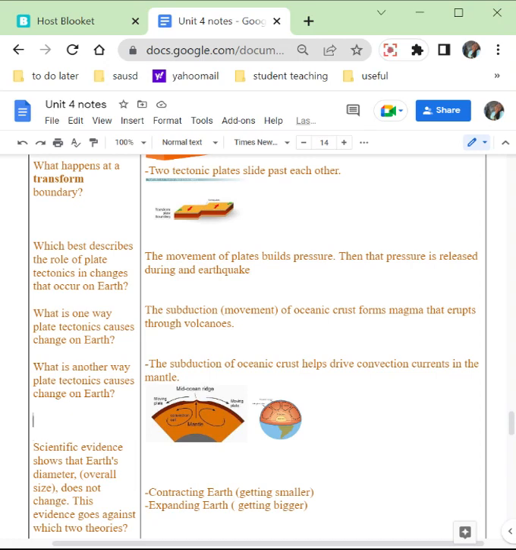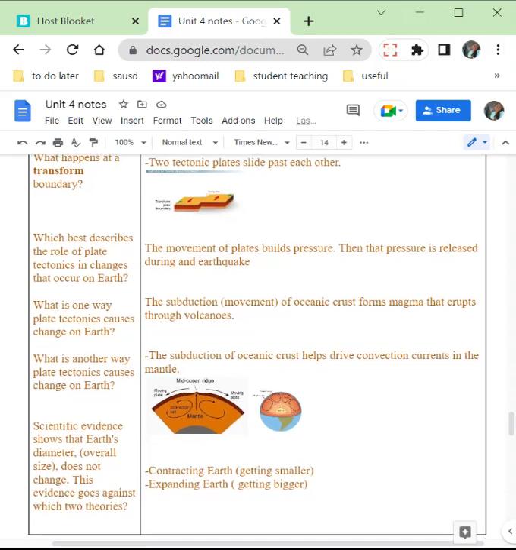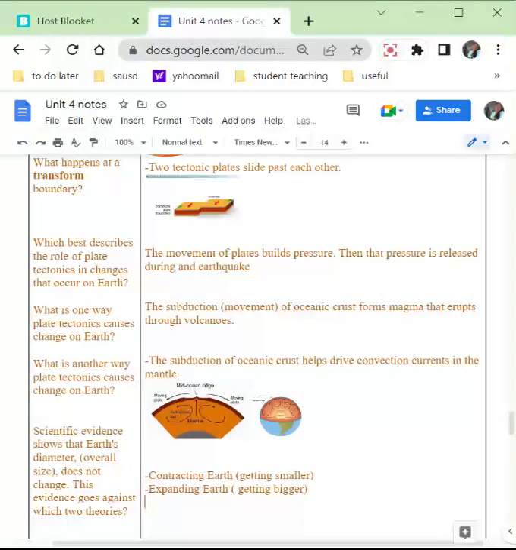But even with all this movement, plate tectonics, and the earth, there was evidence found that the earth's diameter, so its overall size, didn't change at all. So this evidence debunked these two theories of the contracting earth and the expanding earth.